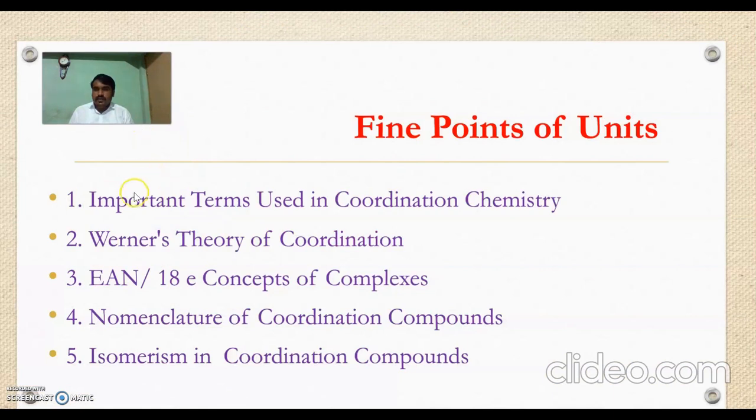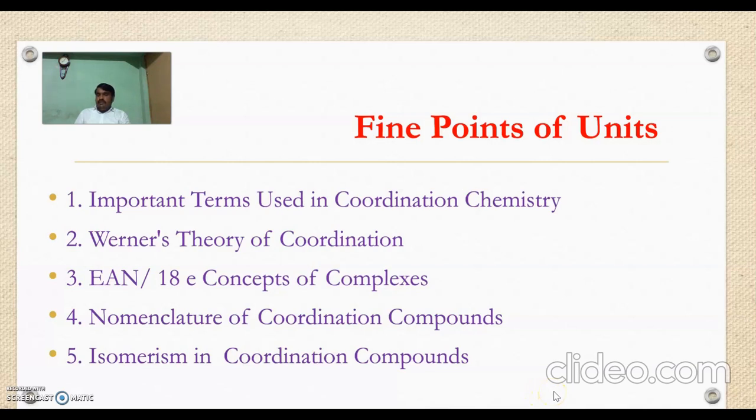So first point is important terms used in coordination chemistry. Second point is Werner's theory of coordination compound. EAN, effective atomic number or 18 electron or Sidgwick's concept for complexes. Nomenclature of coordination compound. Isomerism in coordination compound.